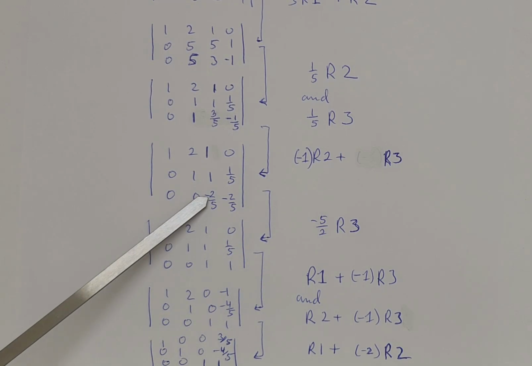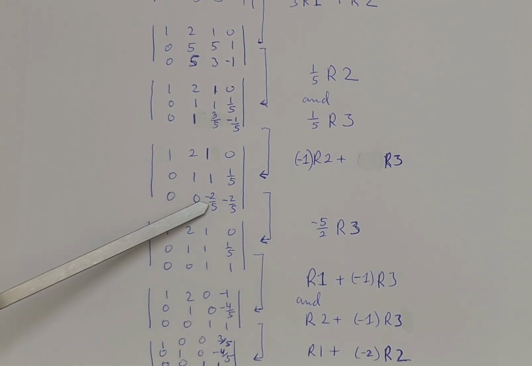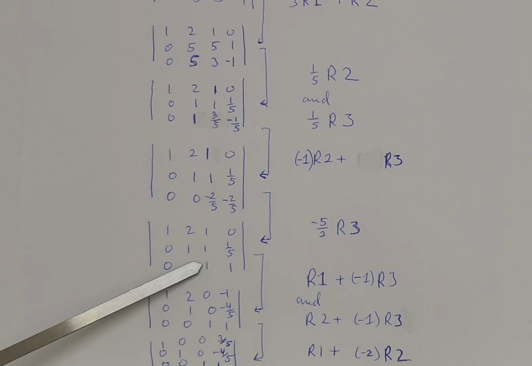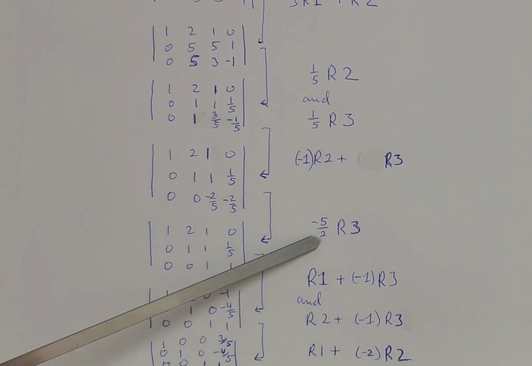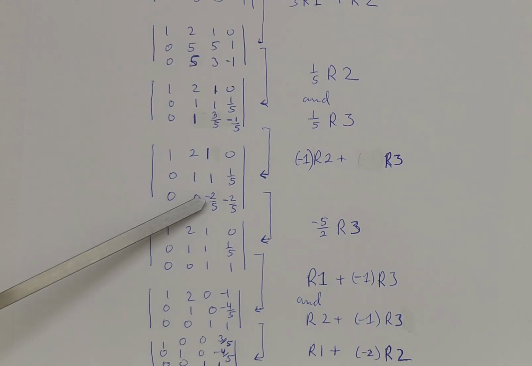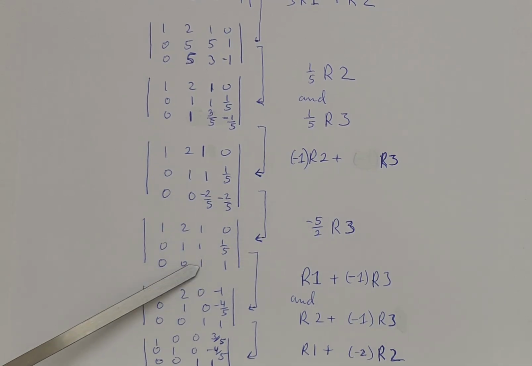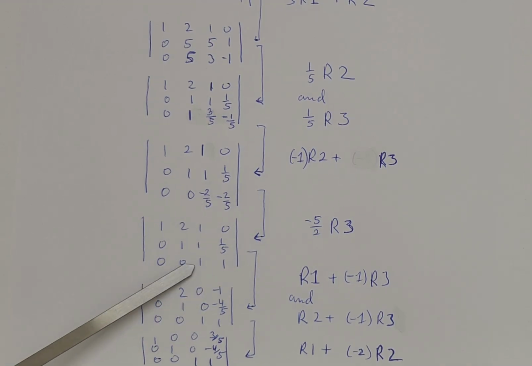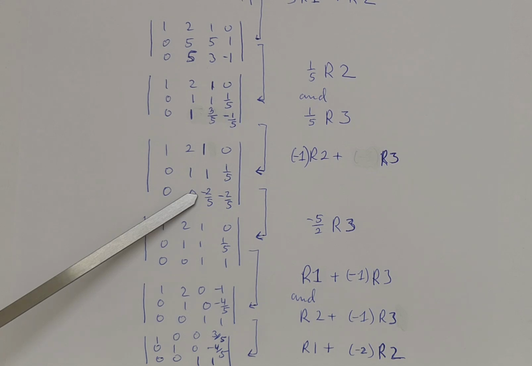But there's a negative, so we need to put another negative in so that it will become a positive 1. Negative times negative is positive.